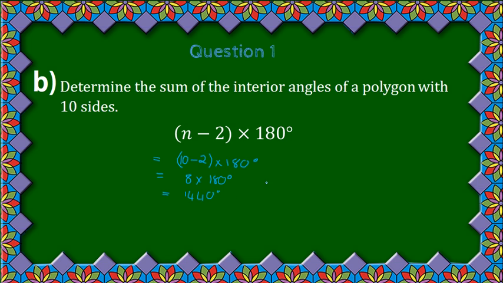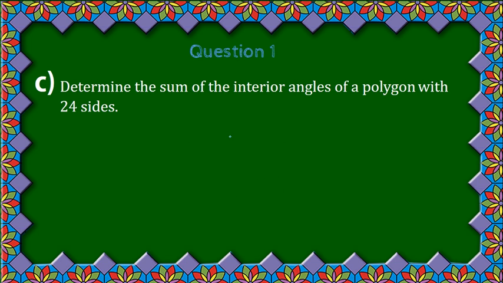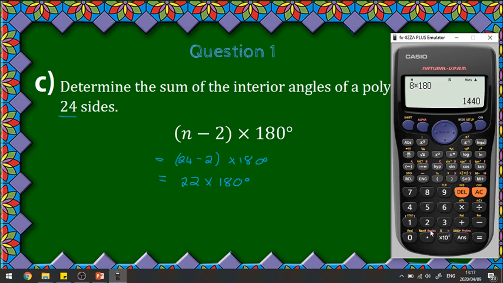So this is 1440 degrees. Then for C, the sum of the interior angles of a polygon with 24 sides. So my formula, I say 24 minus 2 times 180 degrees. And this is then 22 times 180 degrees. Using the calculator, 22 times 180 is equal to 3960.